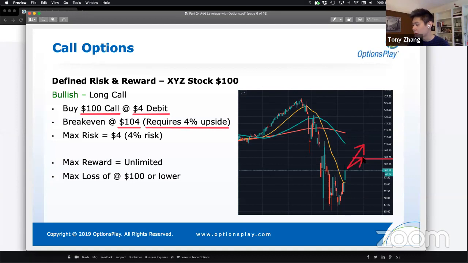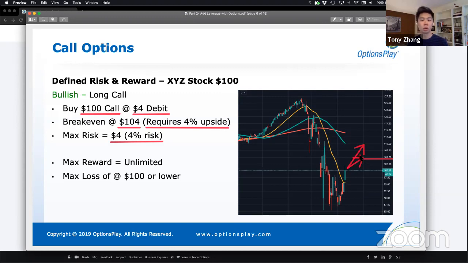But let's say I think it's going to go to 105. There's really not a lot of profit here. I'll still be profitable, but I'm risking $4 a share, or 4% of the underlying stock price, and if the stock rises to 105, I would only make a $1 profit. So I'm potentially making $1 in exchange for risking $4.